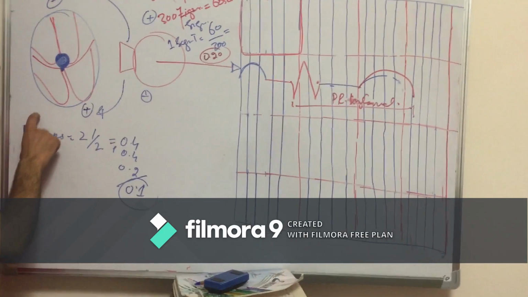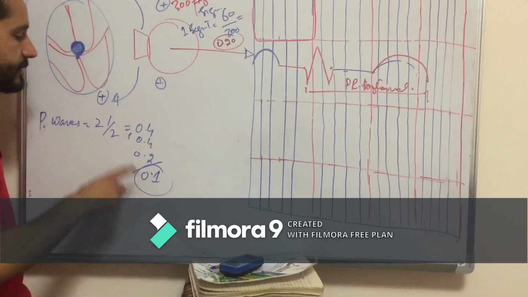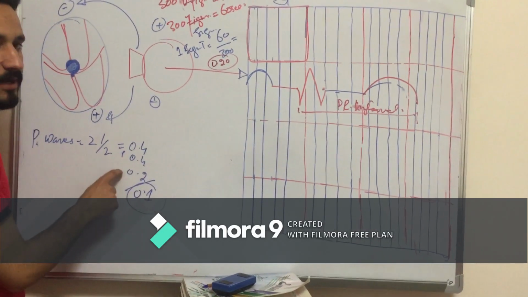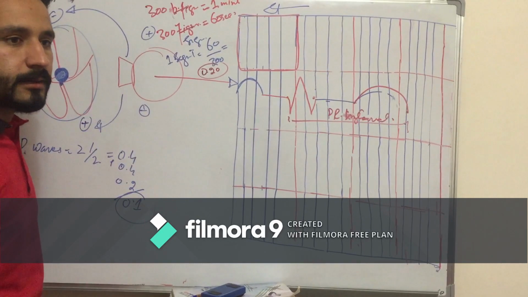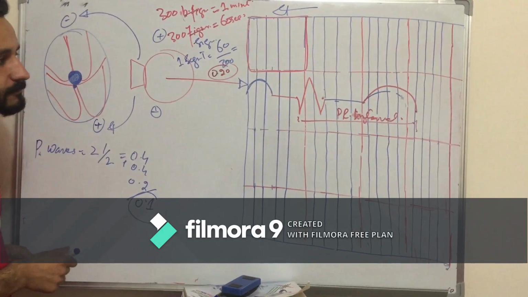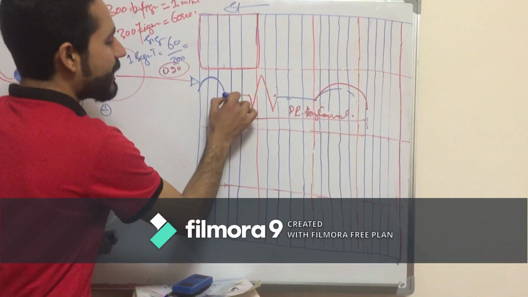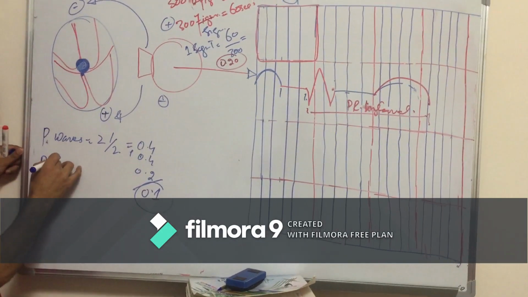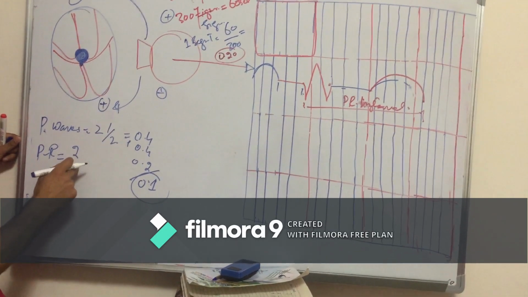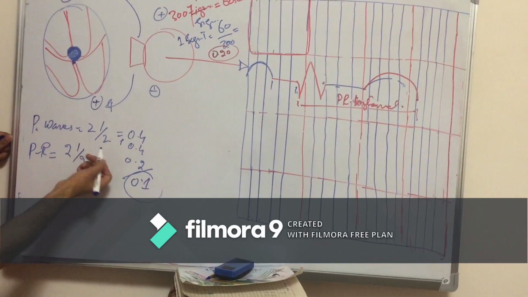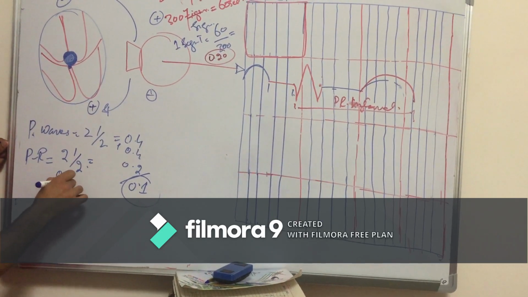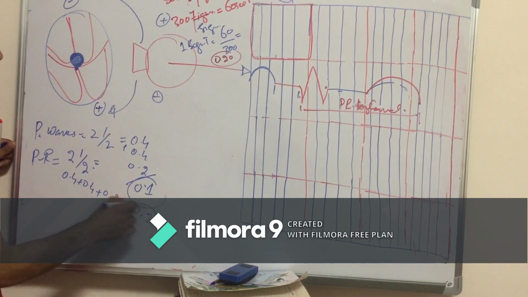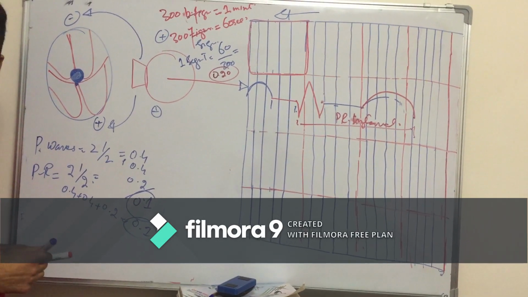The P wave occupies 2.5 segments. So one segment is 0.04 second. We add 0.04 second plus 0.04 second plus 0.02 second. This is 0.1. Now we will calculate the PR segment. Again the same, 2.5 segments. Again 0.04 plus 0.04 plus 0.02. This is 0.1.